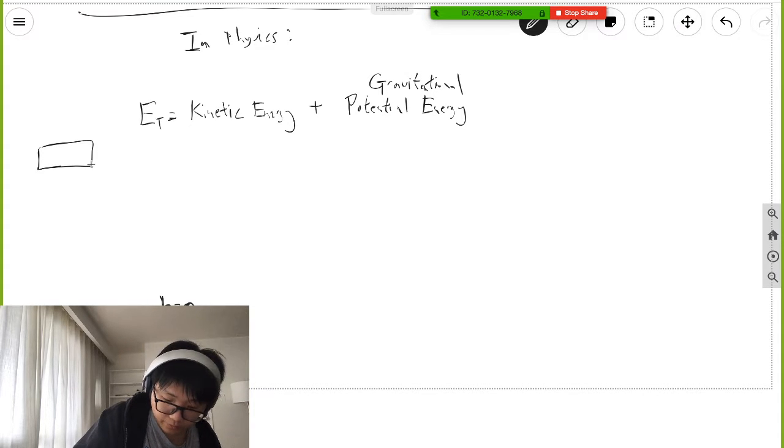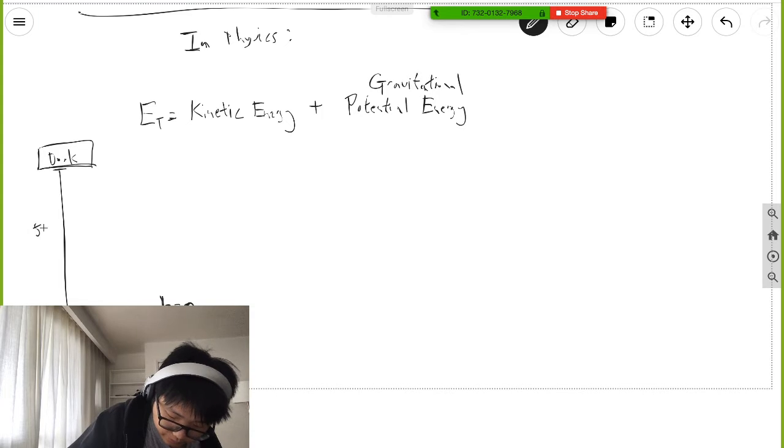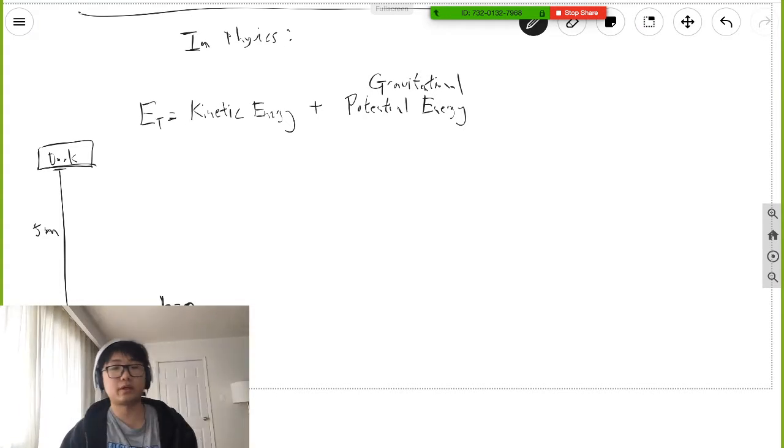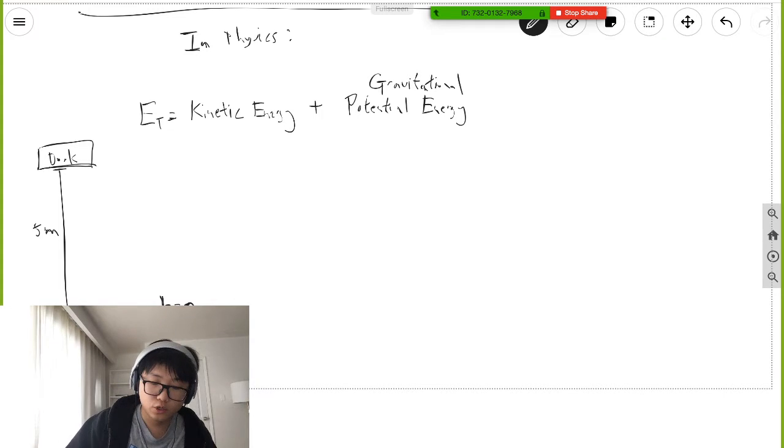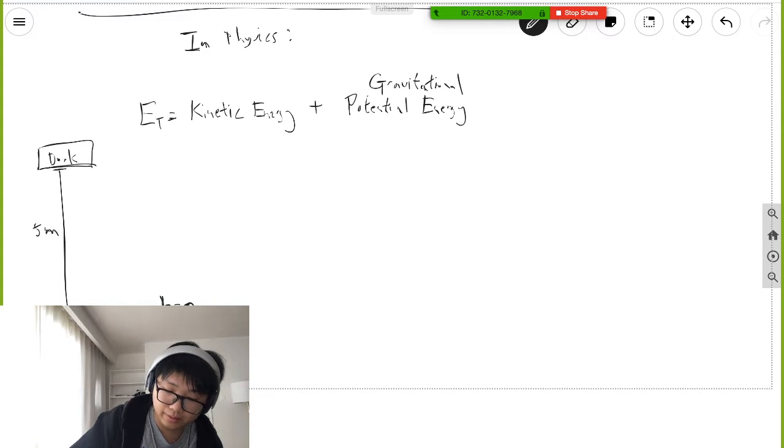I have moved my book up by, let's say, 5 meters. Okay, and I just left it there. Okay, so right now I can calculate the total energy at the top.